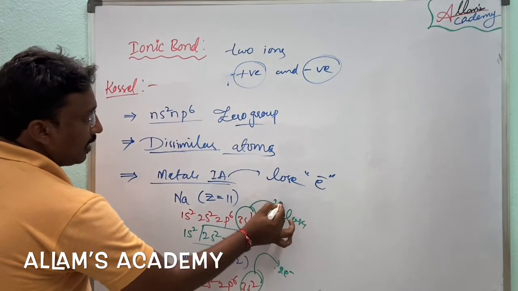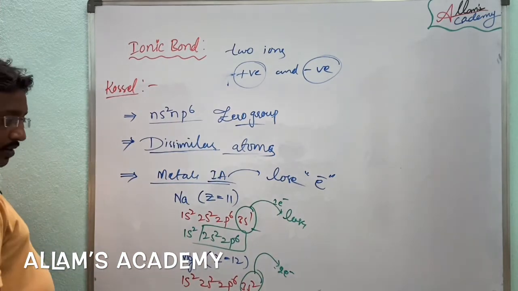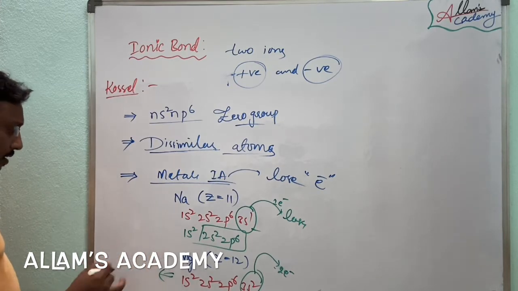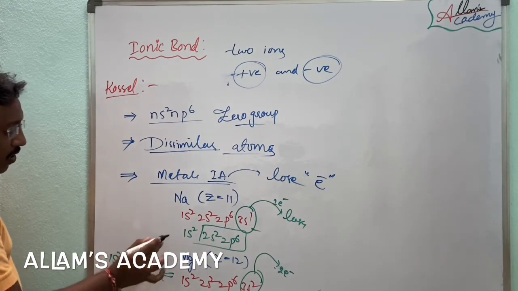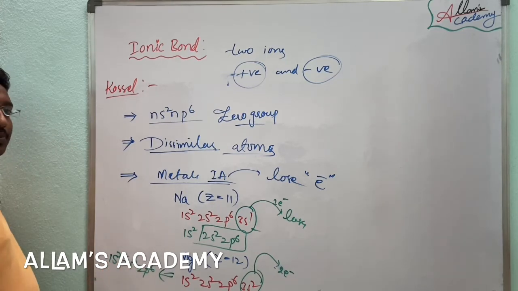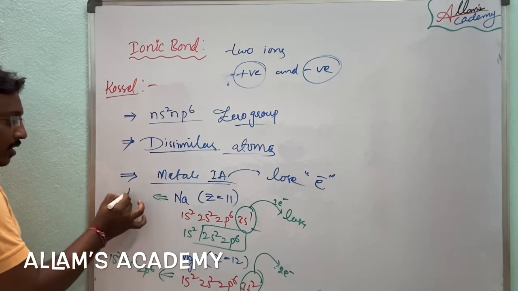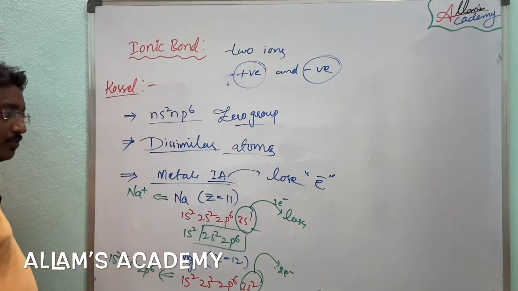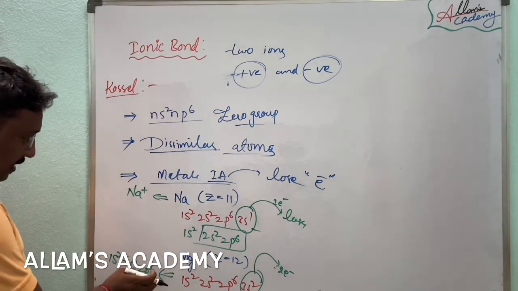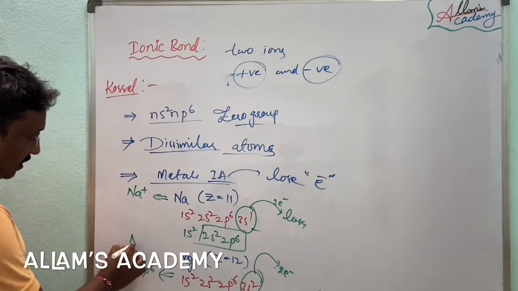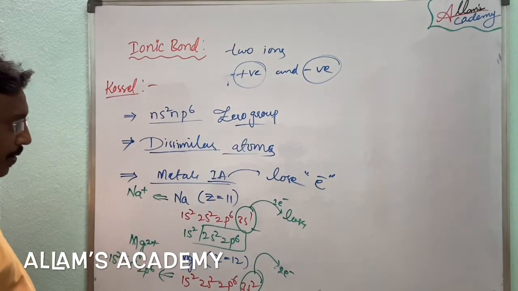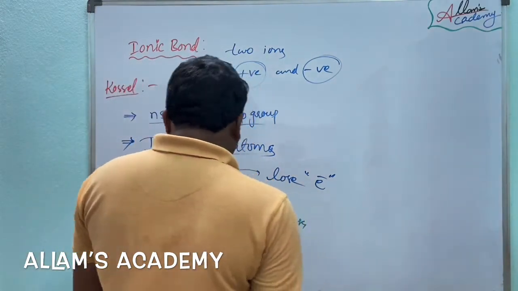Sodium loses only one electron, magnesium loses 2 electrons, and it achieves the octet electronic configuration 1s2, 2s2, 2p6. That means sodium becomes unipositive, and magnesium becomes dipositive.